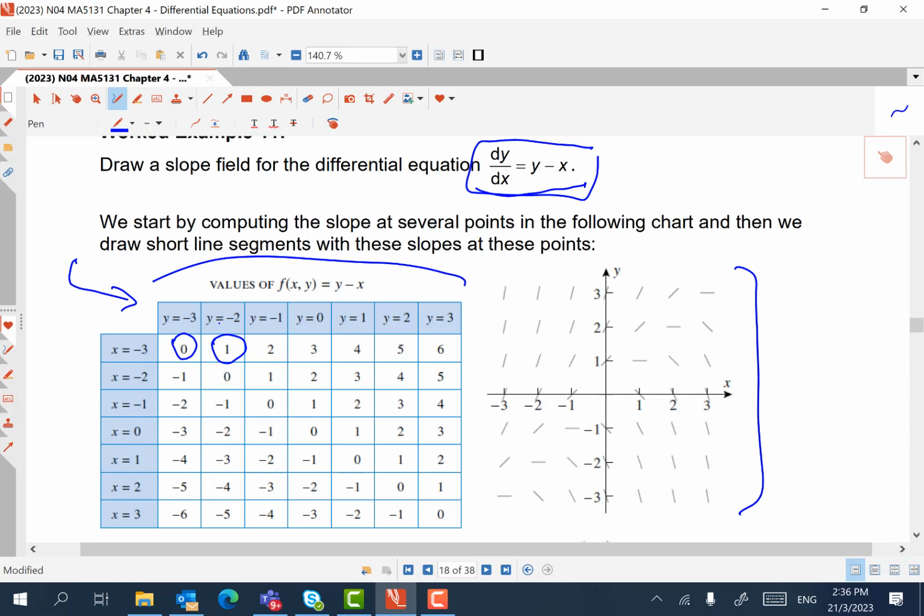You know what I mean? And so on and so forth. So by plugging the corresponding x and y values into the DE, you actually obtain this table of gradients. And what happens is, you transfer this table of gradients into actual drawings. So like at the point minus 3, minus 2, it has a gradient of 1. So you mark a small dash with a gradient of 1.